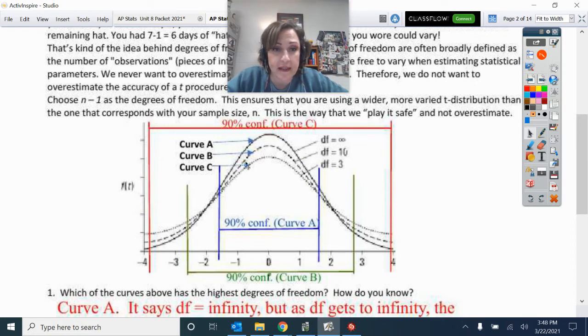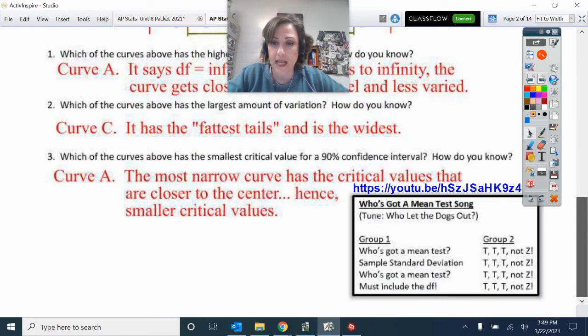And then finally, this curve C, that is the widest and the fattest, the lowest degrees of freedom, most varied, has the widest 90% confidence interval. And so the critical value for those are the largest. Okay, I could have computed those critical values, but I don't think I did for those ones, so I'm not sure the green and the red are in the exact correct place.